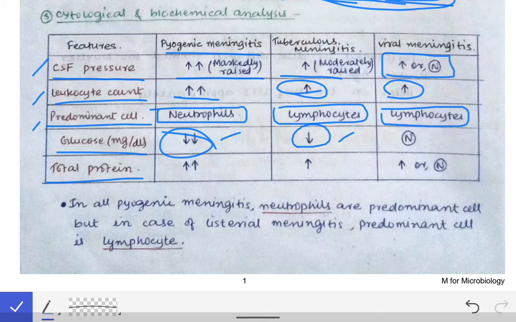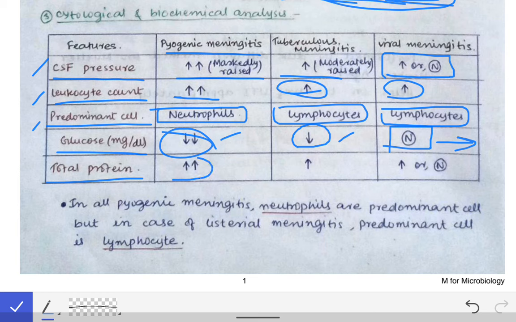But viruses do not utilize glucose, so glucose remains normal. This is a very important point for identification whether it is a bacterial meningitis or a viral meningitis. In viral meningitis, the glucose level in the CSF remains normal, but in case of pyogenic meningitis, the glucose level falls to a very low level.